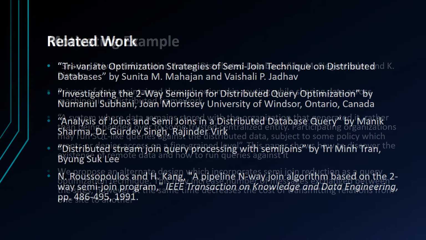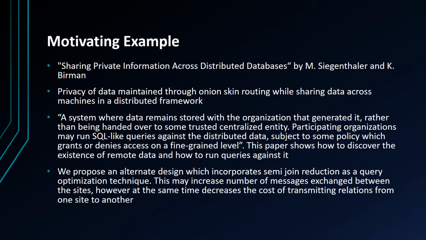We take as our motivating example the research paper titled Sharing Private Information Across Distributed Databases by M. Siegenthaler and K. Berman. In this paper, it is shown that data privacy is of utmost importance when data sharing comes into picture, and through onion skin routing, data sharing is done from one site to another in a distributed database framework.